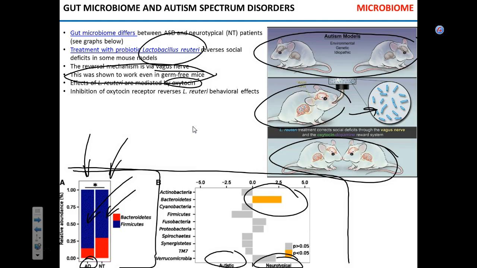Yes? So do you think they'll ever use that for prevention of autism if pregnant women take it? That's a fantastic question. As far as I know, there were no studies in treating autism by giving it to pregnant mothers, even pregnant mouse mothers. Possible, I would say.